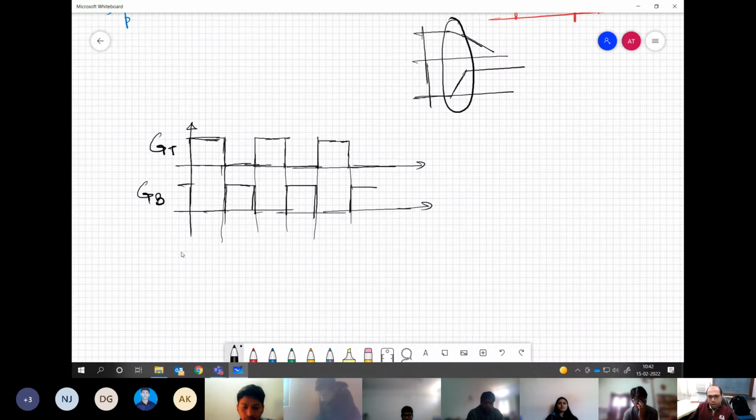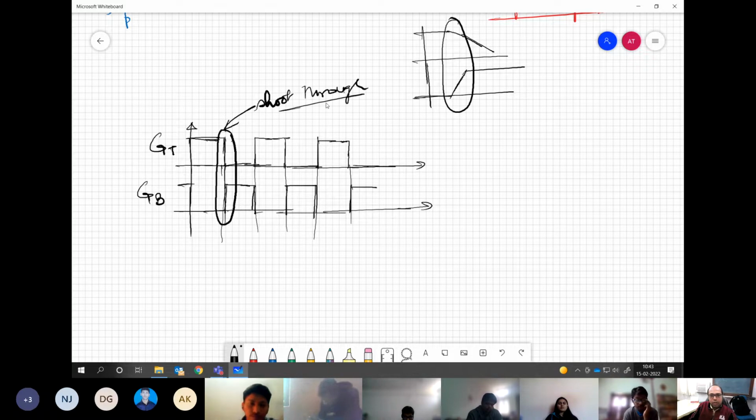Correct? Now, this is the condition which I am talking about. Here, the device is going off and the other device is getting turned on. Now, this is where the possibility of shoot through may be there. Shoot through the DC bus, which is what we are trying to avoid.